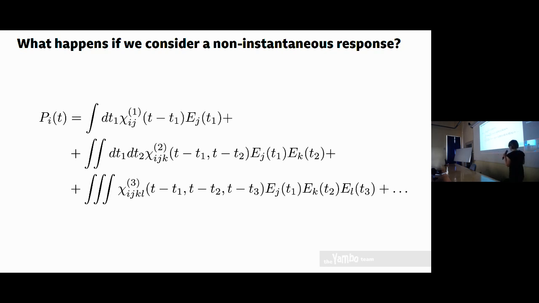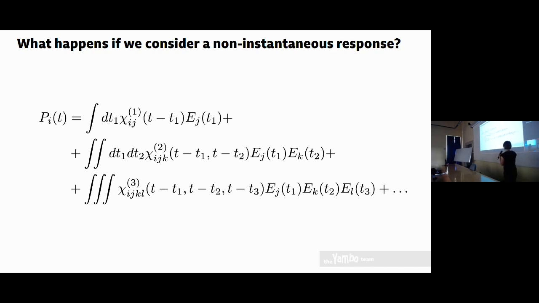Here, since I'm in a weak field regime, I still have equilibrium. If you remember from Tuesday morning, I can still look at differences of times, and so basically these are still one-time, two-time and three-time objects.